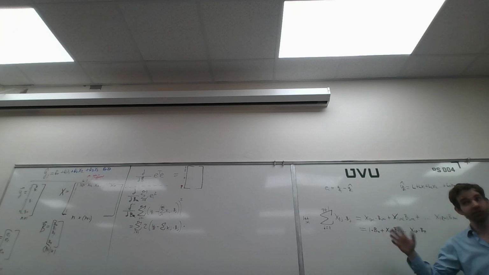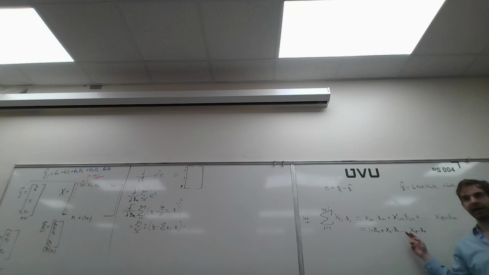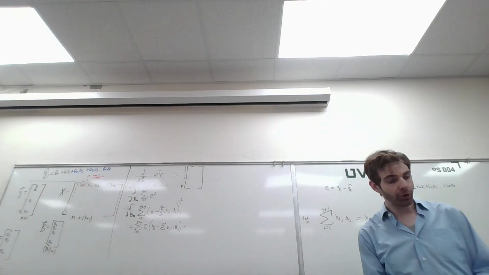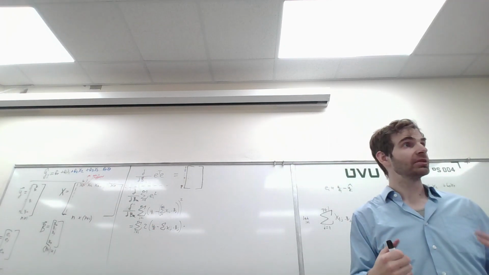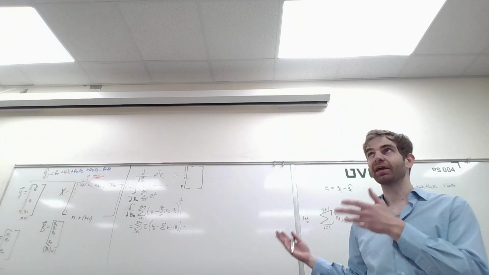If we were doing this for beta 1 instead, the only thing that would come out would be this x i1. If it was beta 2, it would be x i2. The point is that what comes out of it is the kth x, the x that is associated with the beta k.